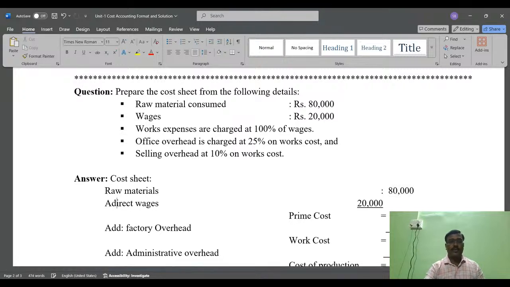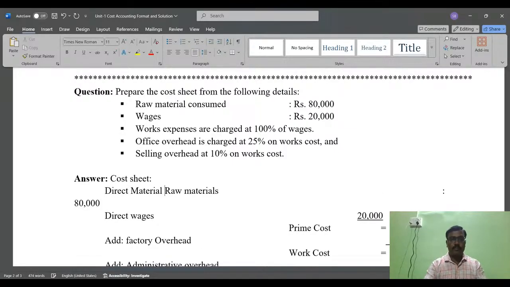So, as per the format, what we have to take: direct material, raw material consumed minus closing raw material.